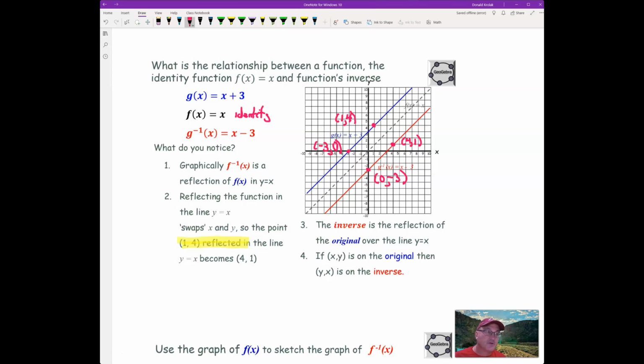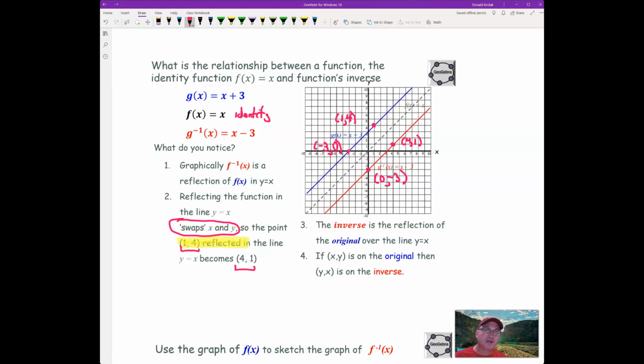Okay, so the important thing to know here is when you see the instructions reflecting the function in the line y equals x, all that does is swap x and y. It switches them. So if (1, 4) was on the graph, it would become (4, 1).